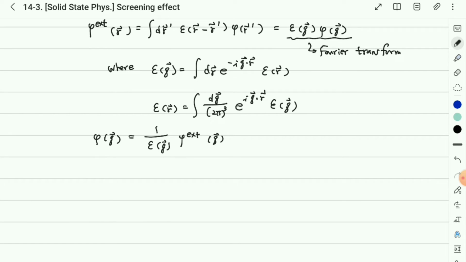And how about the induced charge density? For the induced charge density, we define the electronic susceptibility chi in the linear response to a potential.